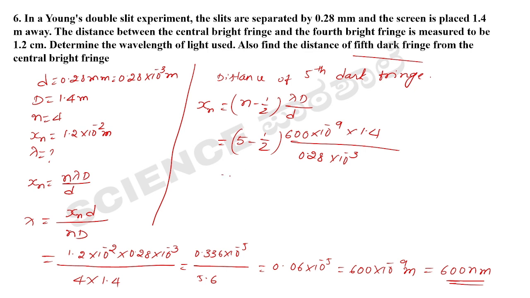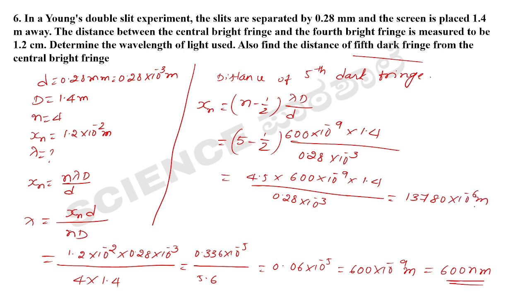So if you do this, this is 4.5 into 600 into 10 raised to minus 9 into 1.4 divided by 0.28 into 10 raised to minus 3. If you do this, you will get 13780 into 10 raised to minus 6 meter.